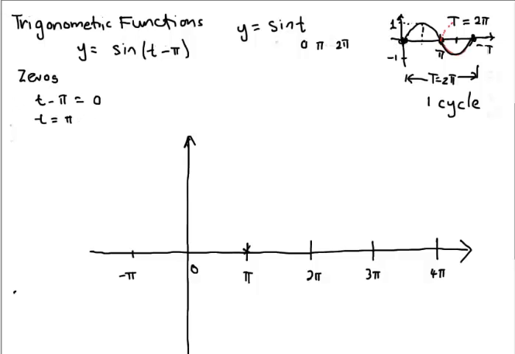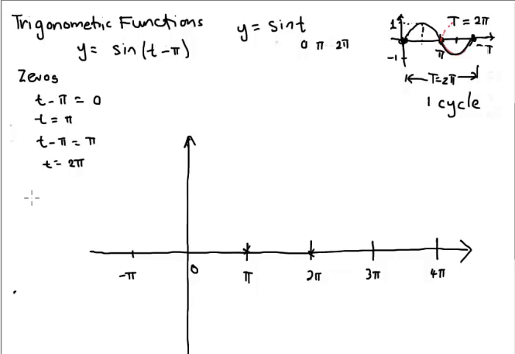Okay. Then the next thing is to get the next 0. The next 0 is going to be t minus pi equals pi, which takes you to saying t equals 2 pi. So now our next 0 is going to be there. What is going to happen there is what happened at pi, which means there the curve will be going down, isn't it?